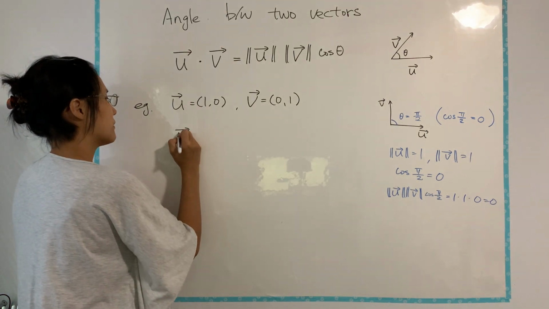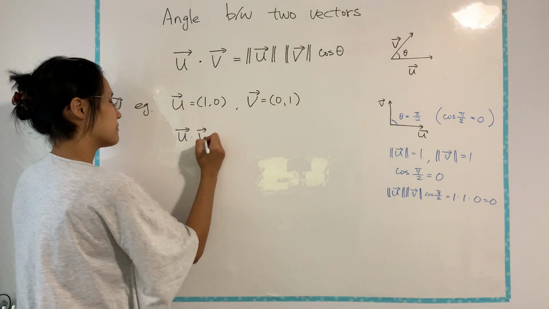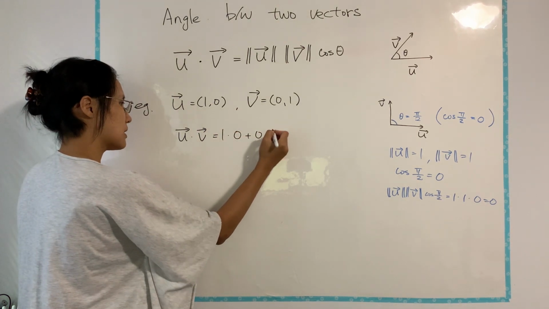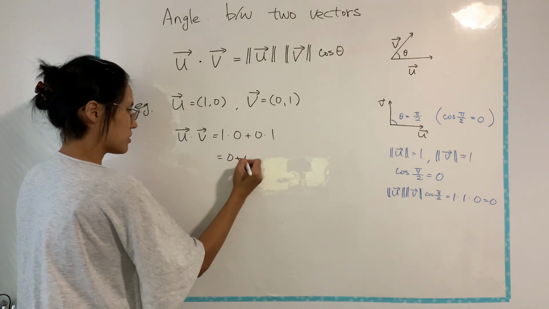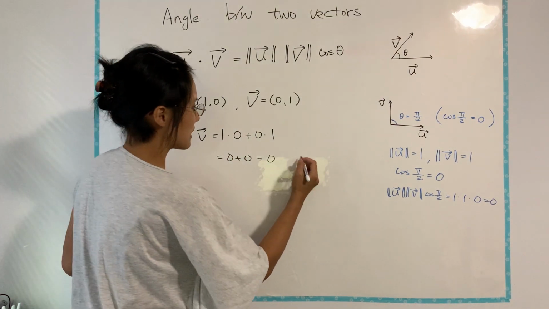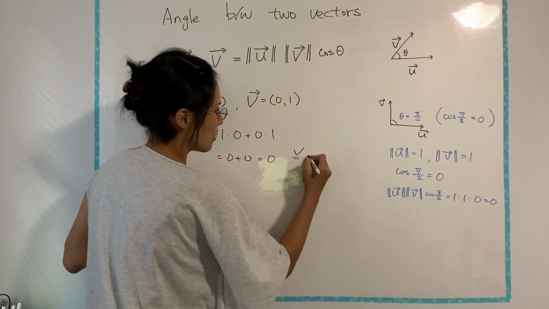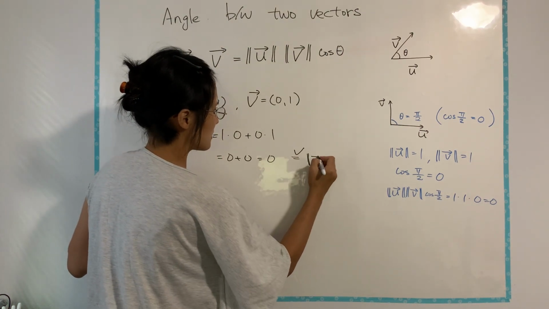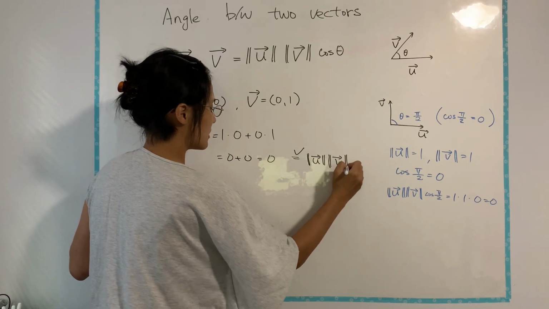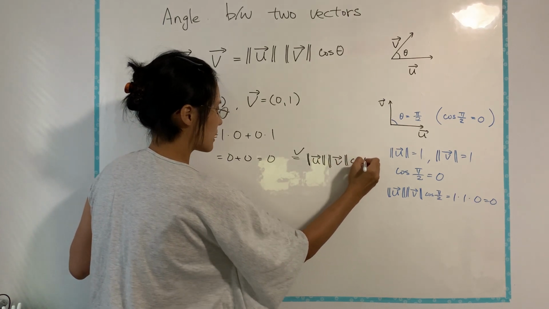If I follow the formula, u dot v, I should have 1 times 0 plus 0 times 1. So I do get 0 plus 0, which equals 0. Okay, so this confirms that in this case, it equals length of v times length of u times cosine theta.